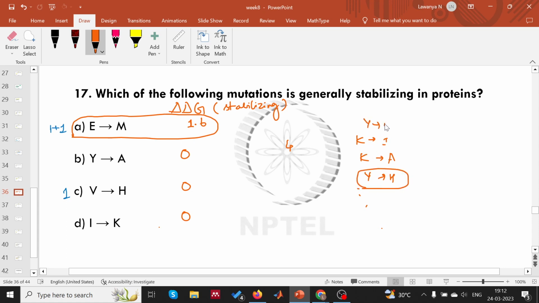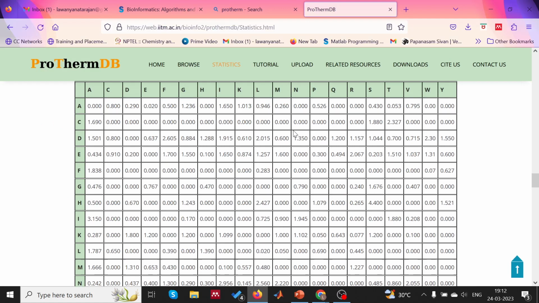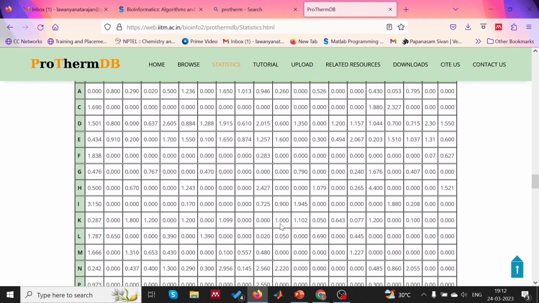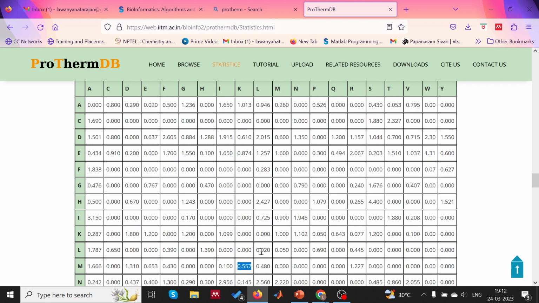You want Y to A and not Y to H or Y to K, and then you calculate, or A to Y, Y to A. It will differ, right? Even here you see it's not a symmetric matrix. I to M is 0.9, but M to I is 0.55. So it's not the same. Changing one residue to the other and the reverse is not the same.